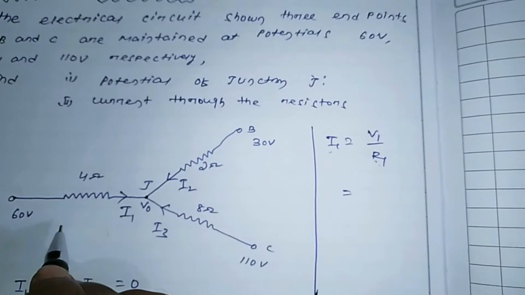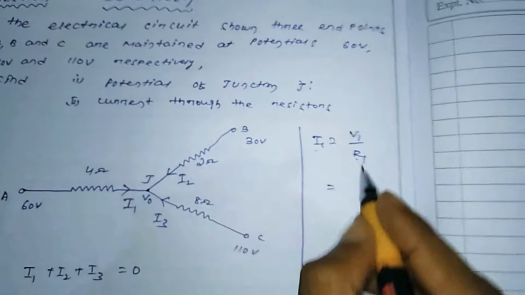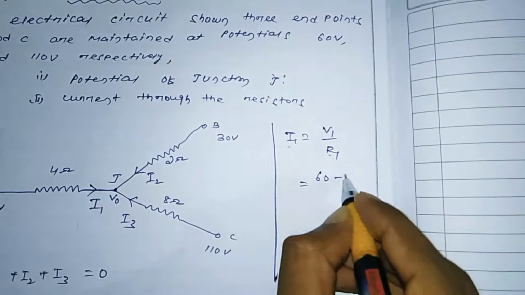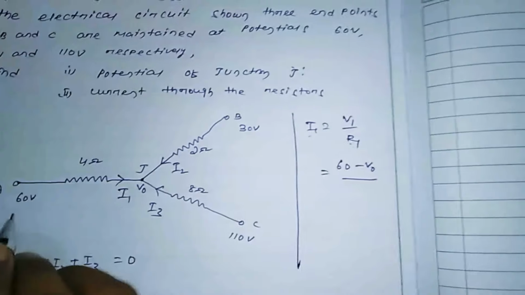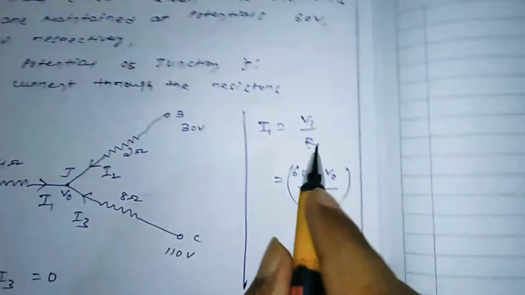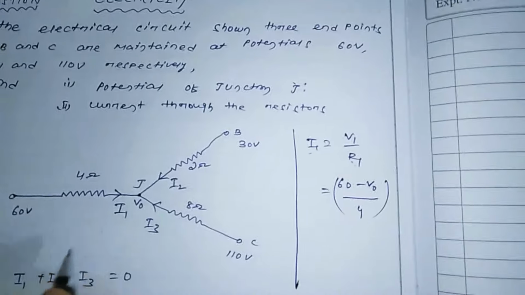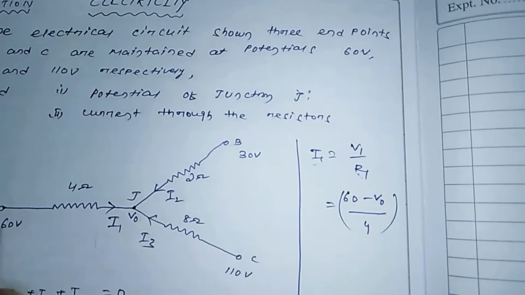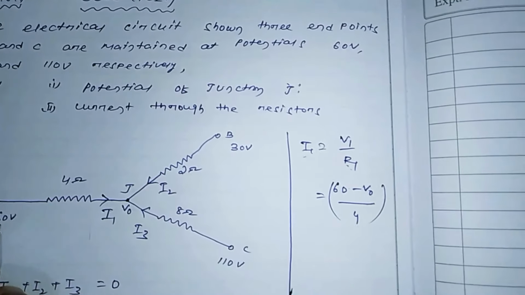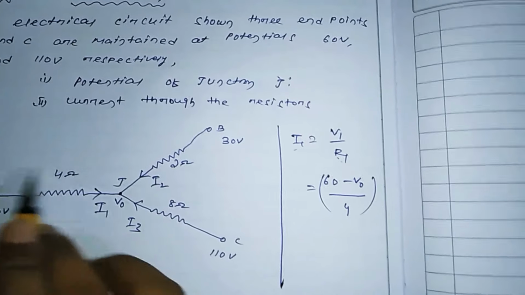Here V1 is equal to 60 minus V0, so I1 is (60 minus V0) by R1, where R1 is 4 ohm. Why is V1 equal to 60 minus V0? We read in the potential difference chapter that V is VB minus VA, the net voltage across the circuit.